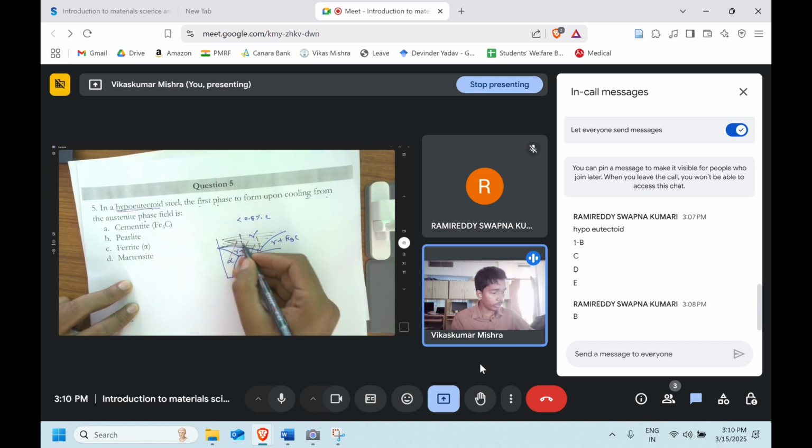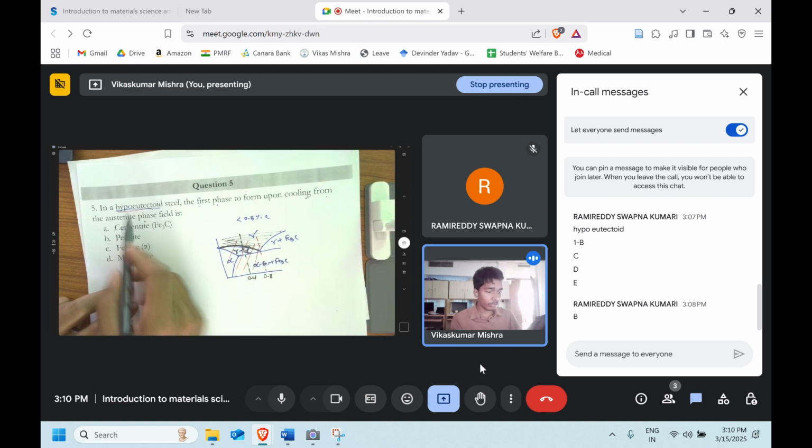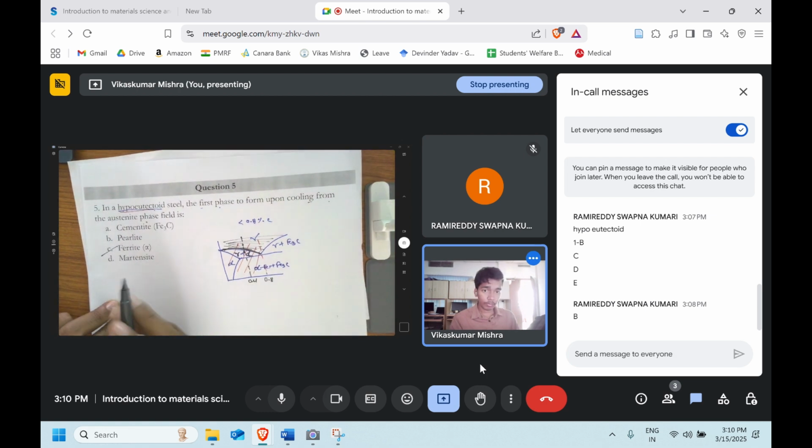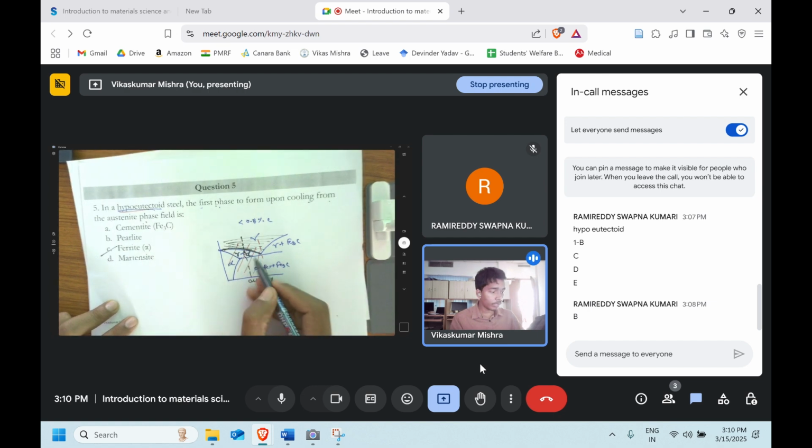Now here, once we cross this particular line, what are we getting? Along with the austenite, we are getting the ferrite. So the first phase to form in the hypoeutectoid steel is ferrite. After that, once this ferrite has formed and the composition of the austenite changes to 0.8, then the pearlite will form.